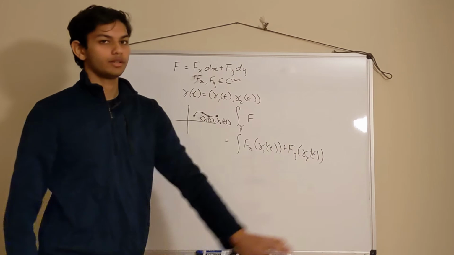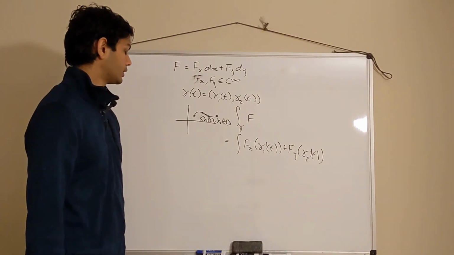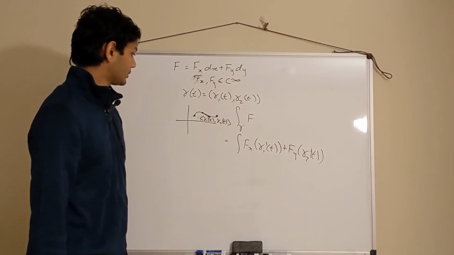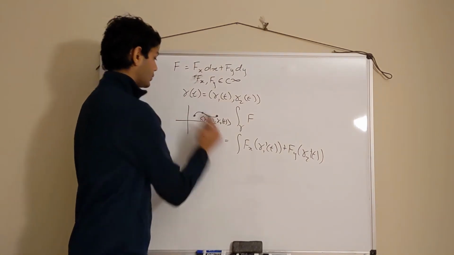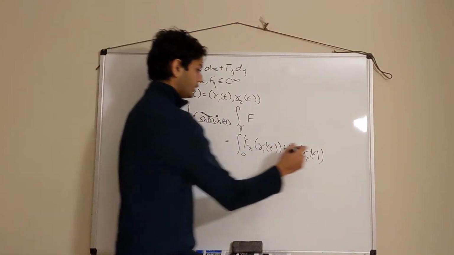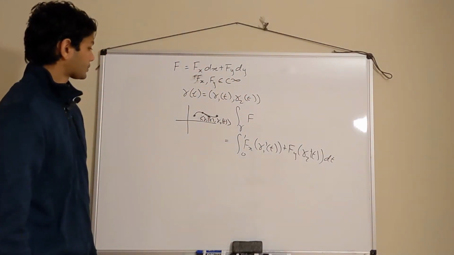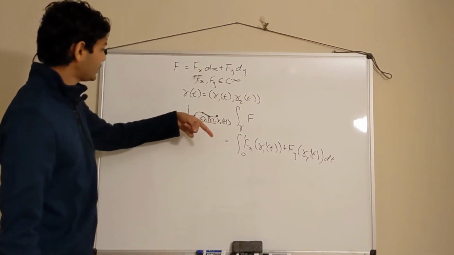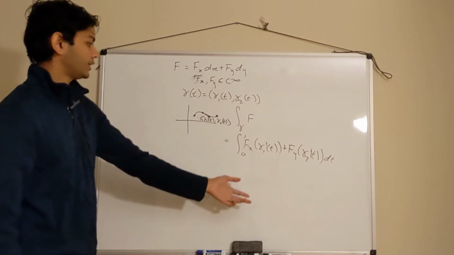These fx and fy are just arbitrary functions on R2. And let's say that t varies from 0 to 1, then you're going to integrate this from 0 to 1 dt. The way to interpret this is that you're taking the tangent vector that's caused by this curve, feeding that into this one form f, and then integrating that.